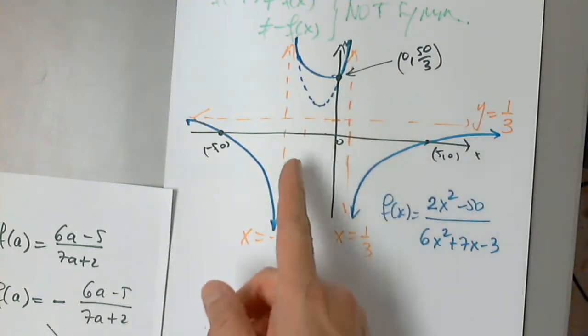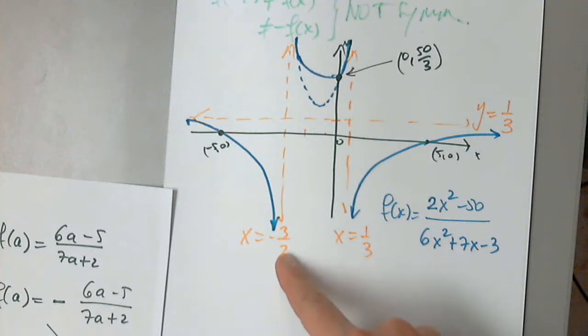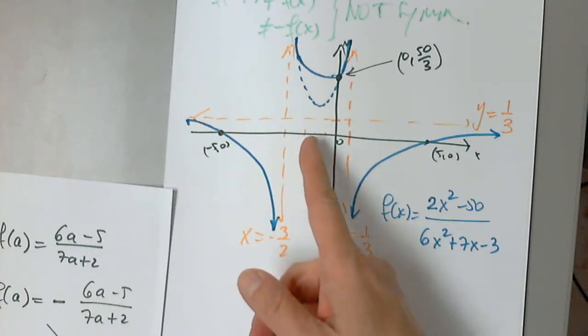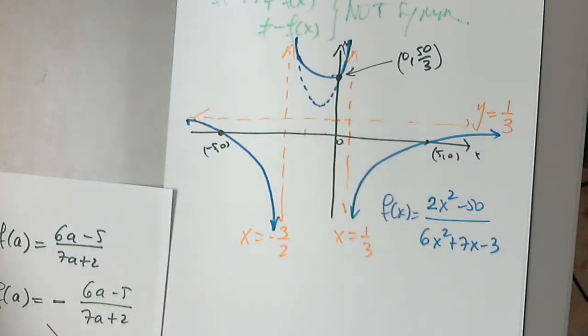And this minimum obviously is somewhere between, this is -3/2, I'm going to say between -1 and 0. So let's go back to second and calc. And I want the minimum, which is 3. And I want -1 as a left bound, and 0 as the right bound, and just give me the minimum. So the minimum is when x is -0.6, and the minimum is 9.8, roughly.